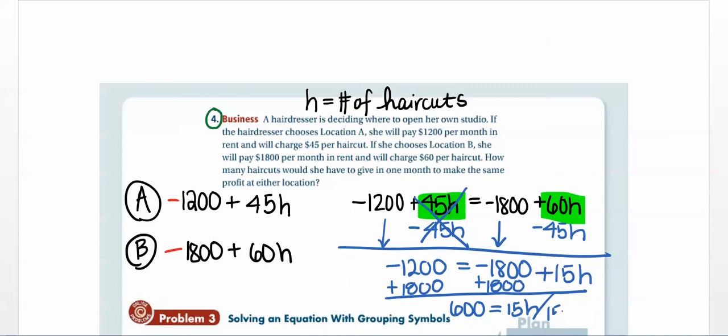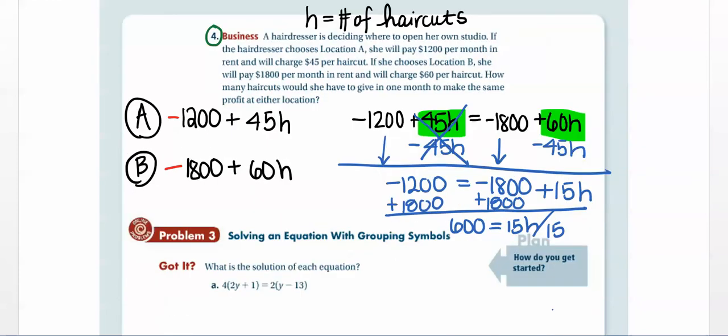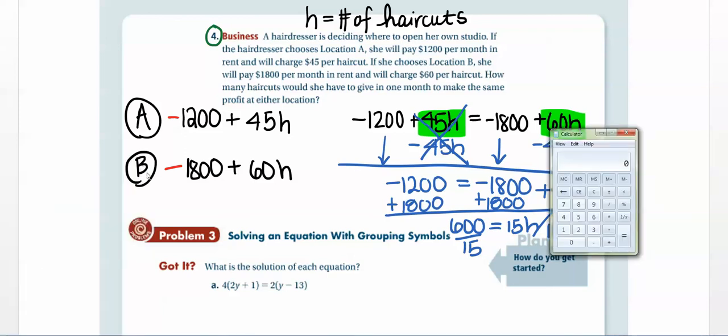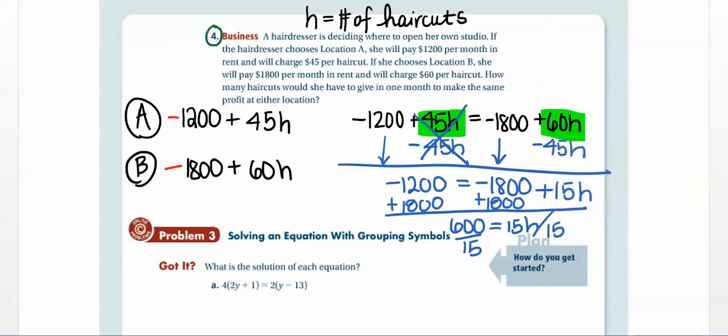Now I'm going to divide both sides by 15. Let's get a calculator. 600 divided by 15 is 40. So H is 40. So if she does 40 haircuts, she'll make the same amount at both.